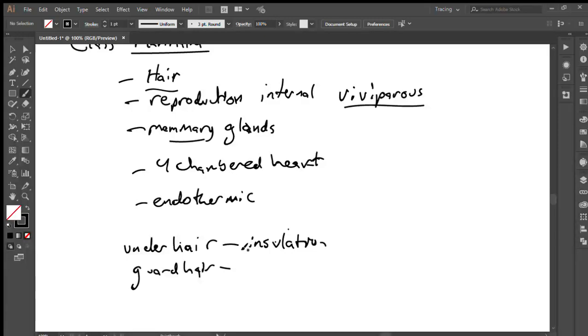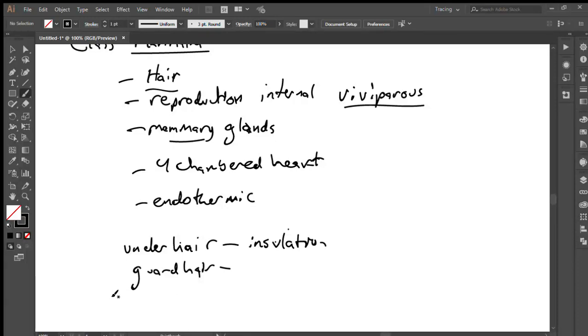Guard hair, as the name implies, is also slightly insulating, but longer, and serves to give it colors and a little protection. It kind of helps hold the hair together, provides a little bit of waterproofing, things like that.